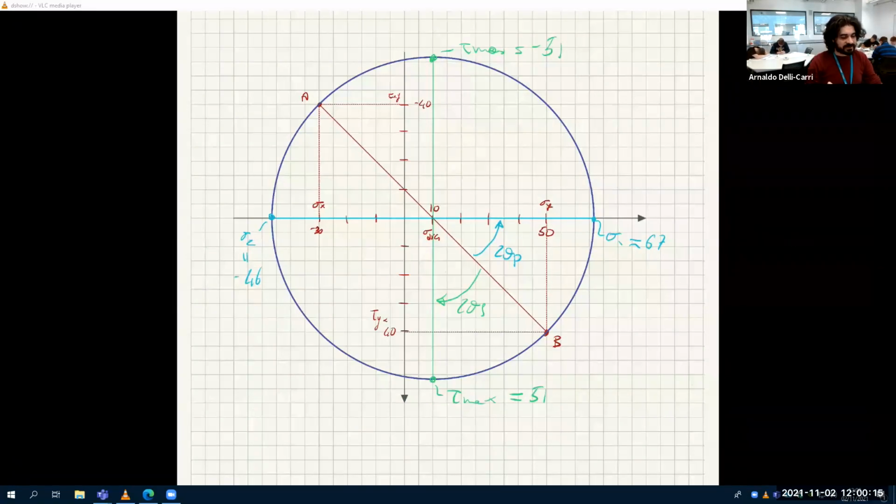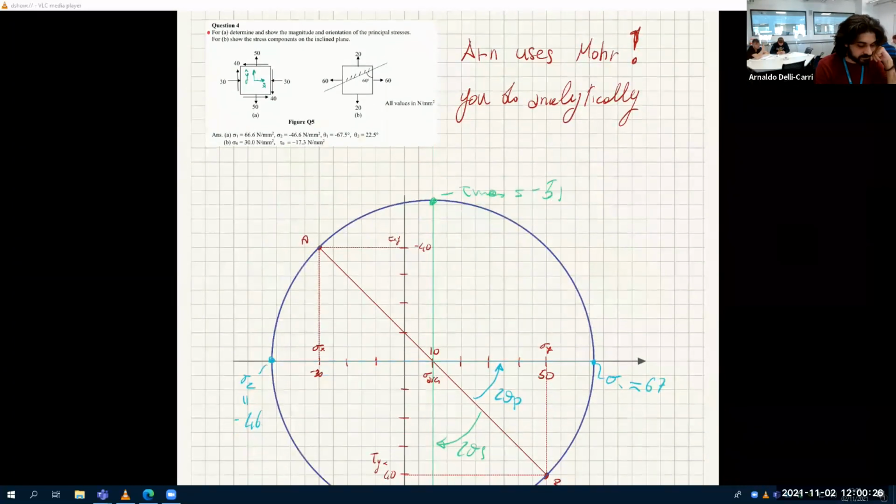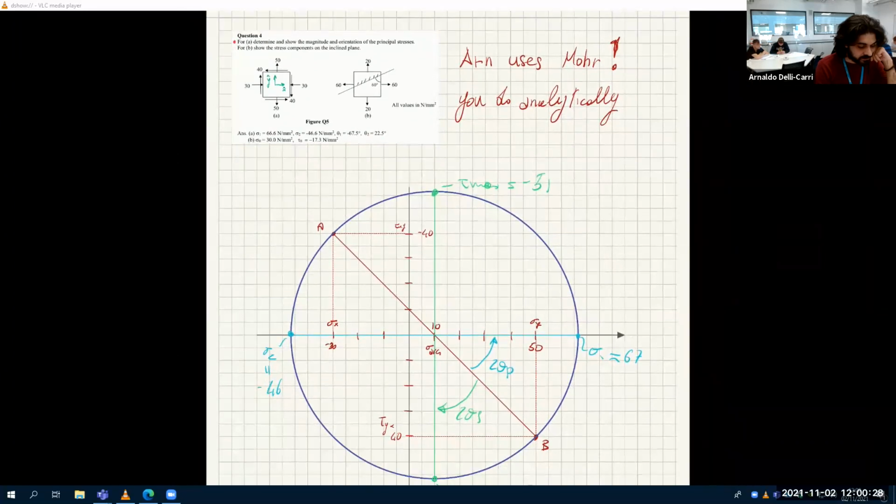Yes, Lynn. If you look at the solution in the solution sheet, in the Q48, you see the x is minus 30 plus 40. I mean, it should be minus 30, minus 40. It should be minus 4, but in this case it doesn't matter because it's symmetrical about the sigma axis, so it's just the same solution flipped.